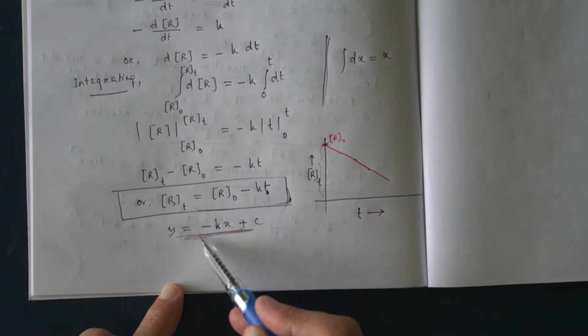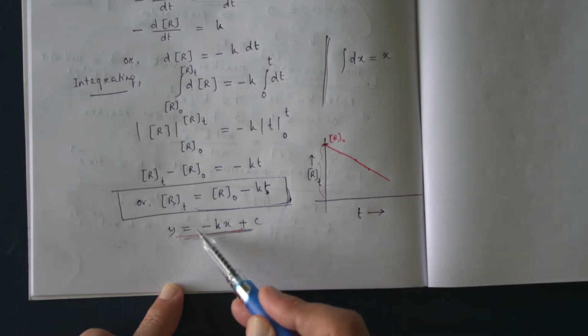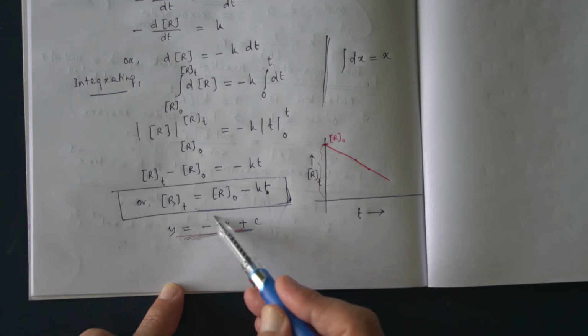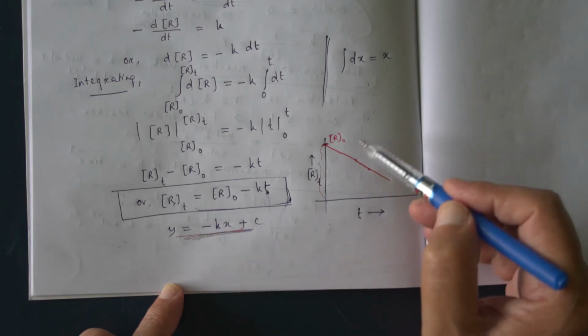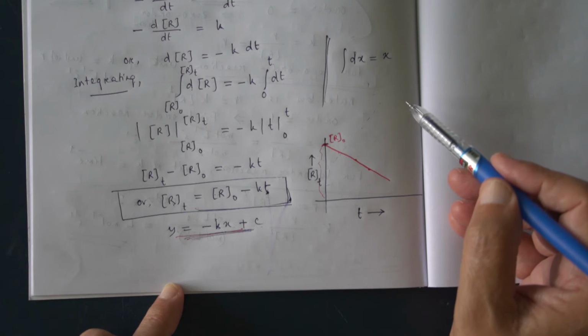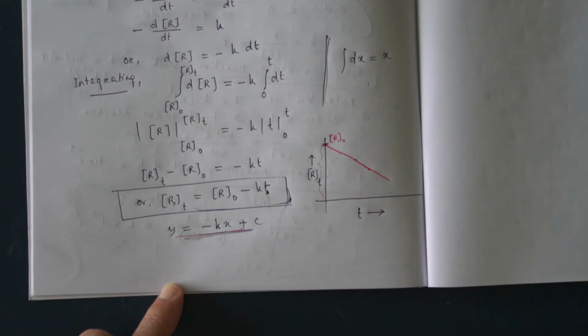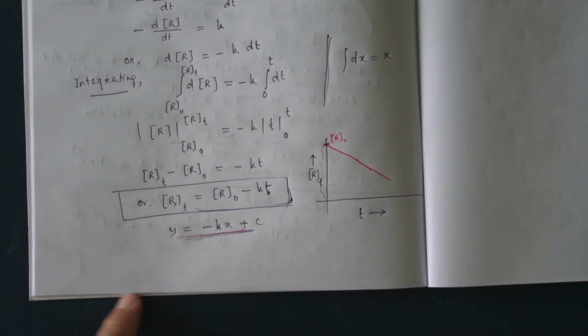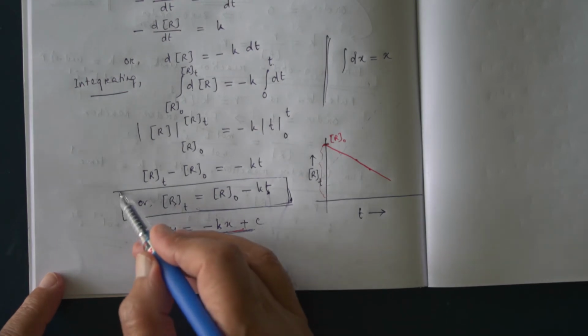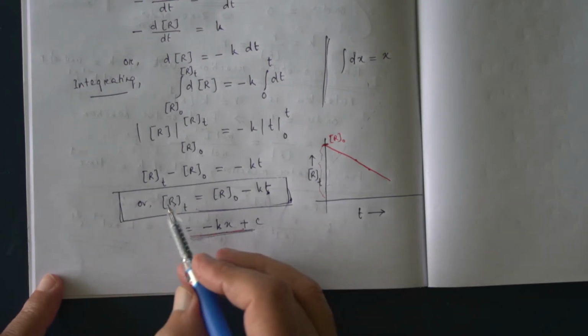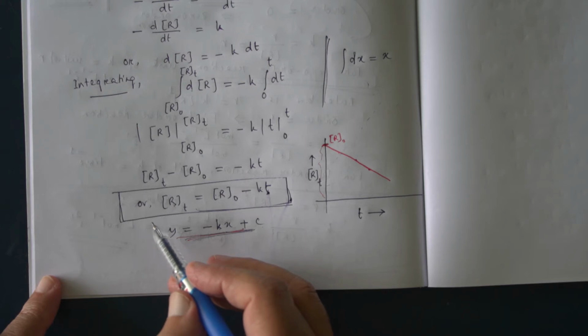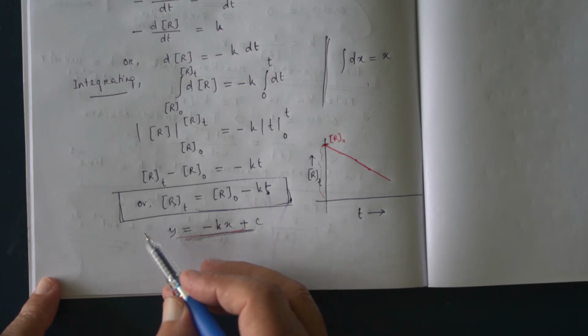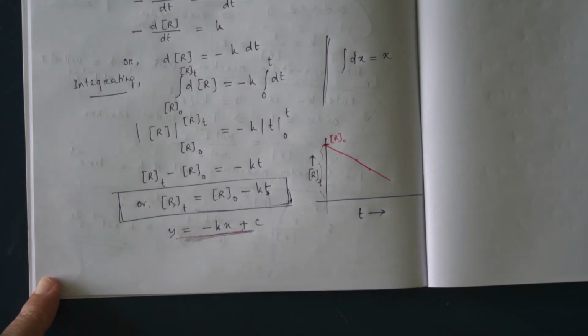If m or k were positive, the graph would have been like this. Okay, this is the difference. So we are getting this equation, and this is the integrated form for the zero order equation.